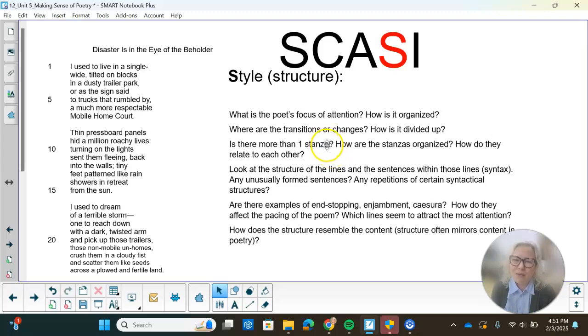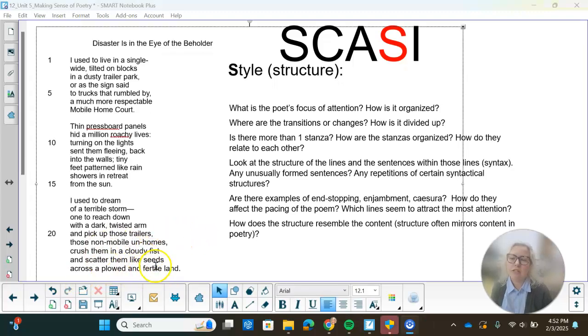I always count the number of lines. And if you do that in this poem, you'll find something kind of interesting. You'll find that the first stanza has 7 lines, the second has 8, and the last has 9. So each stanza increases in number of lines by 1. And that's similar to the last stanza that increases in line length, doesn't it?